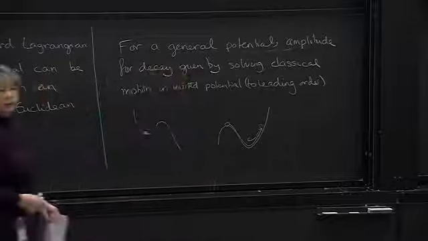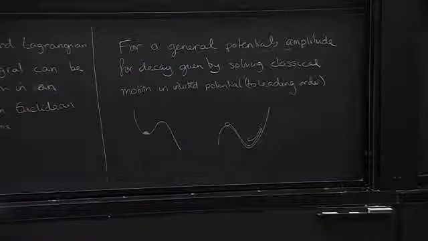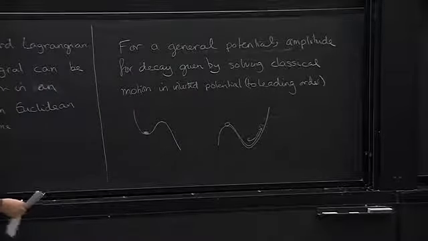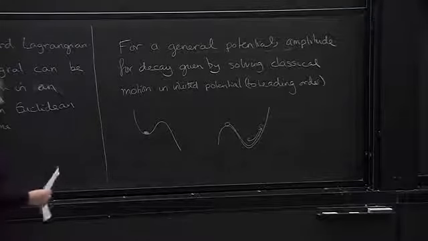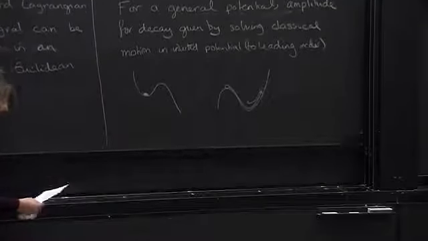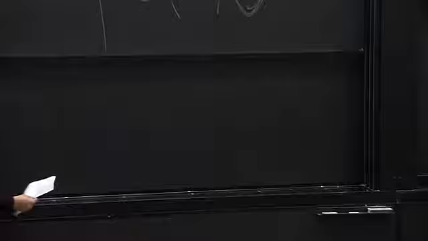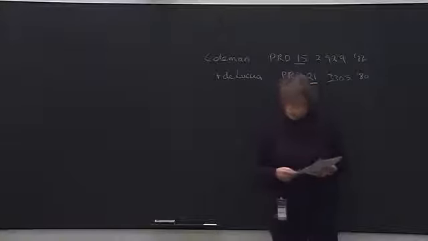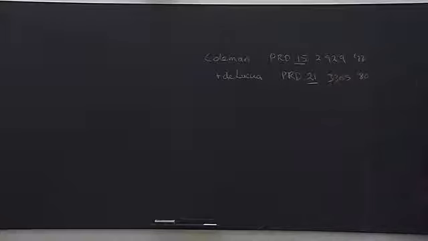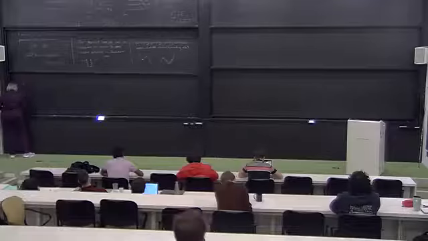You compute the Euclidean action of that and take its exponential, and that gives you the probability of decay. So that's one way of thinking about what goes on when you're calculating these Euclidean solutions.